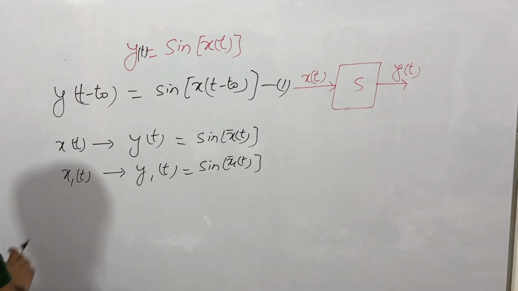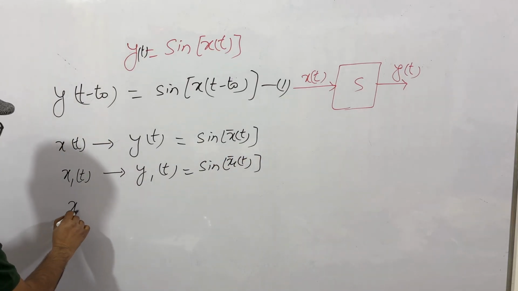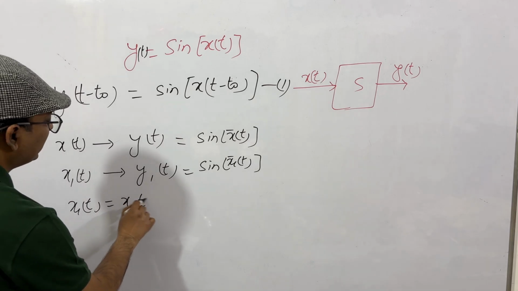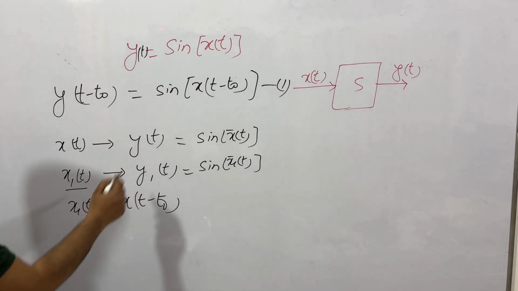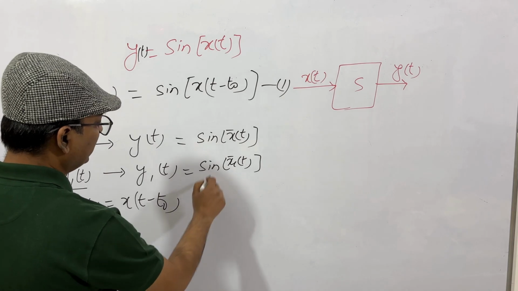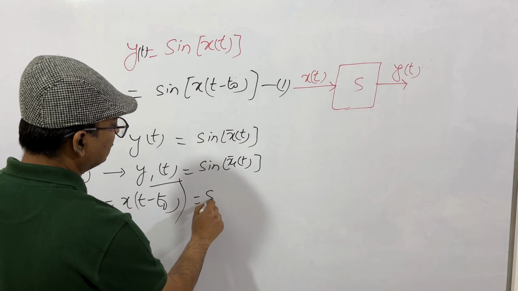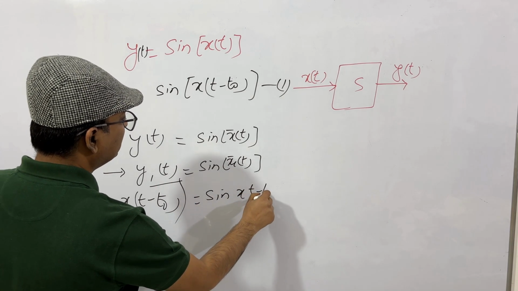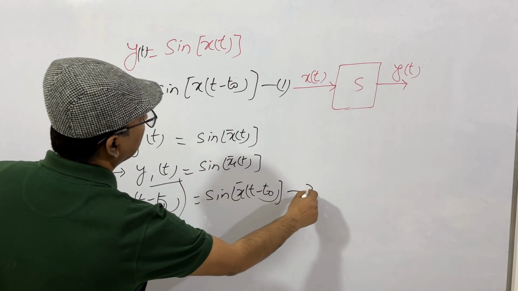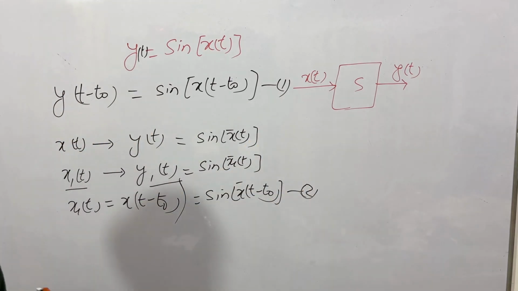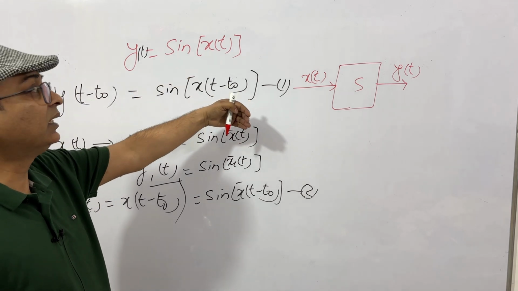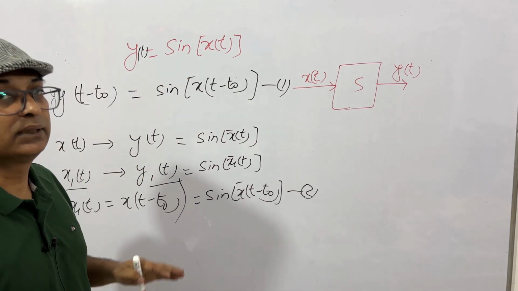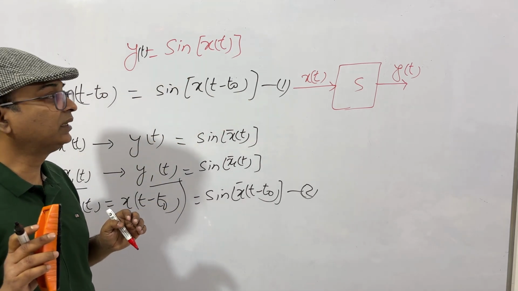This is one signal. What if x1(t) is basically x(t minus t0)? If the input is this, then the output will be sine of x(t minus t0). This is exactly equal to 1. Therefore, if we have a time shift in the input, there is an equal time shift in the output. Therefore, this system is time invariant. Clear?